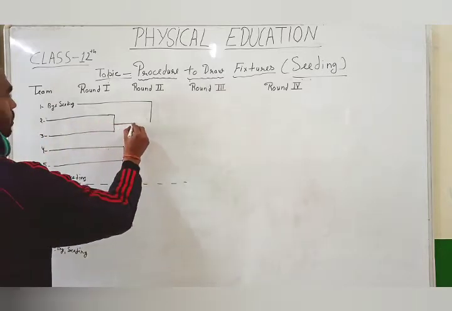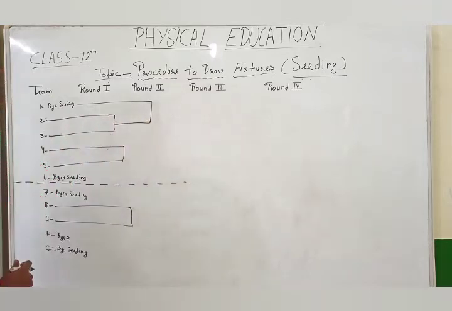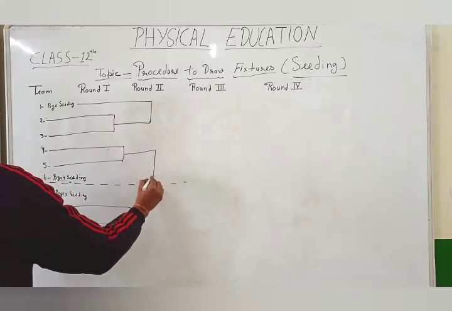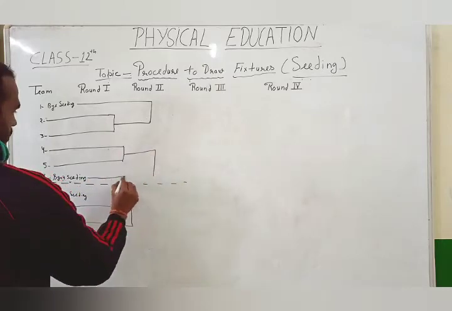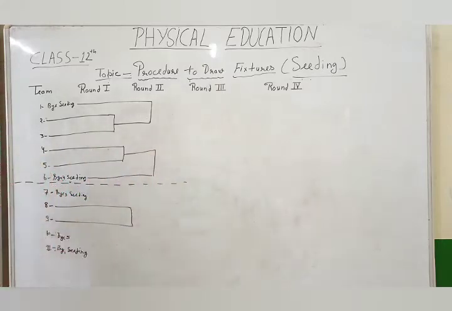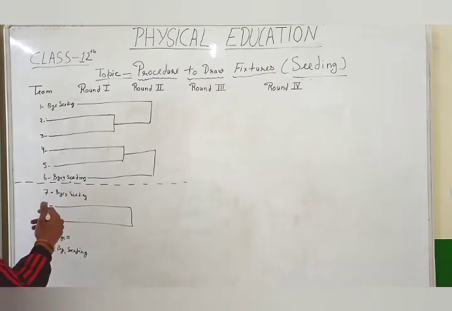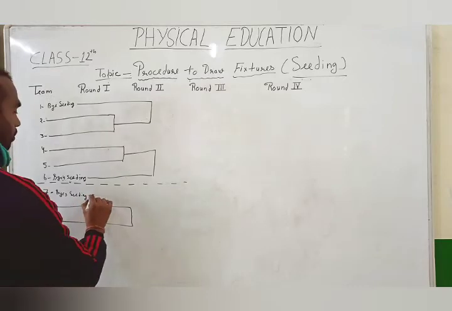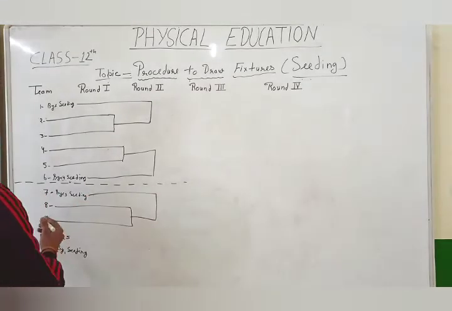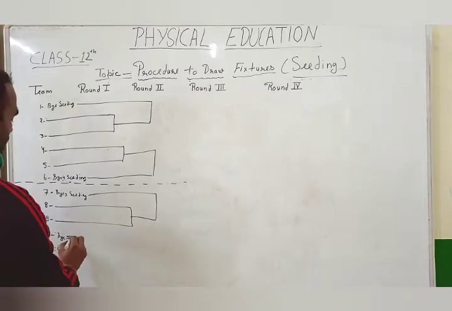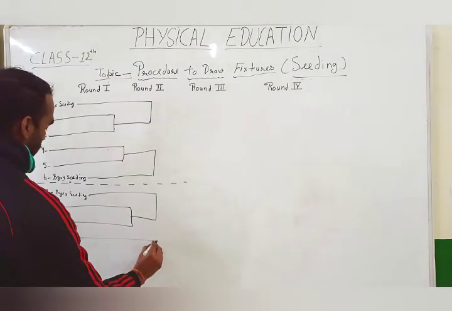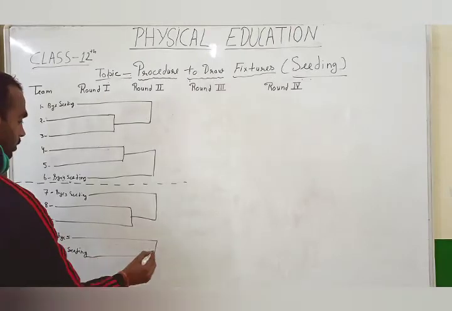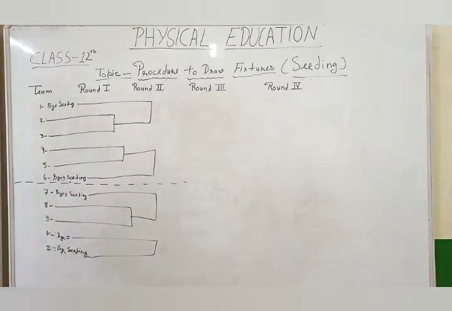Next, the winner of 4 and 5 plays team number 6. In the lower half, team 7 plays the winner of 8 and 9, and the last match in round 2 is between 10 and 11. This is our round 2.